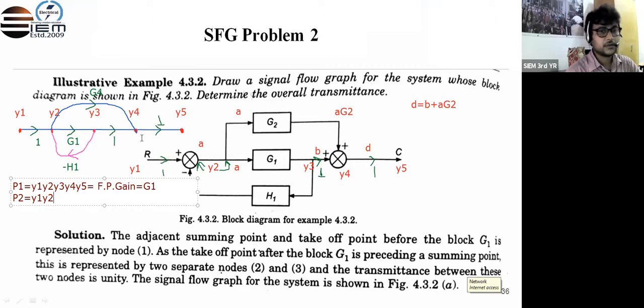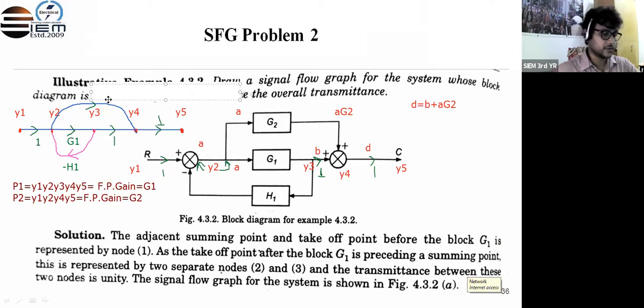So it will be y1, y2, then y4, then y5, and the forward path gain equals g2. Sorry, g2. Please correct it, students. It is g2.